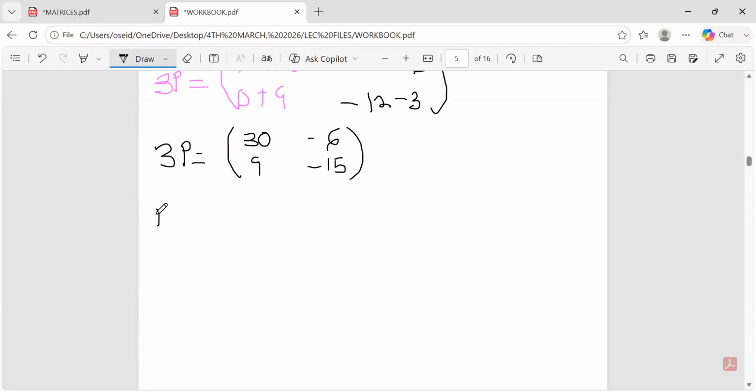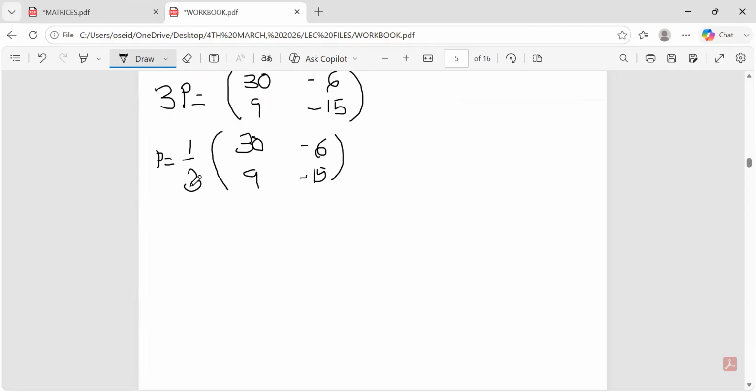So we are going to get p equals 1/3 of 30, 9, -6, -15. Yes, the denominator 3. 3 is a factor of 30, of 9, of 6, and of 15. So we can divide through.